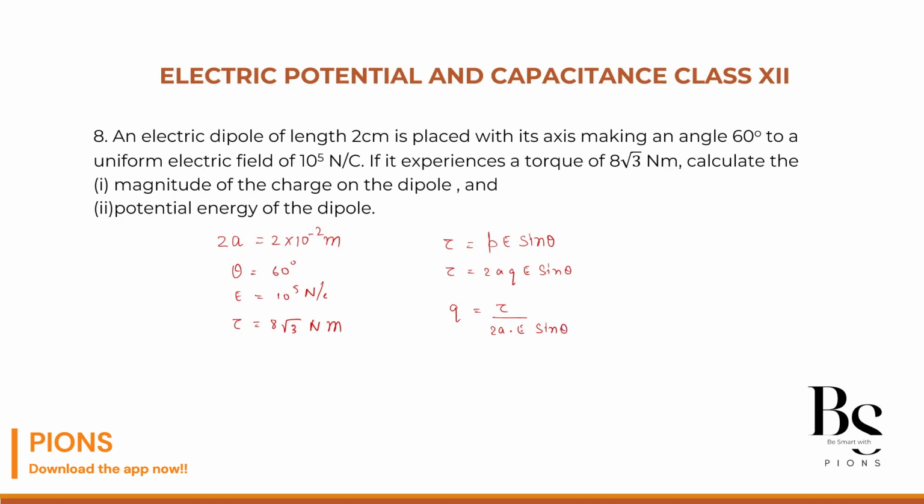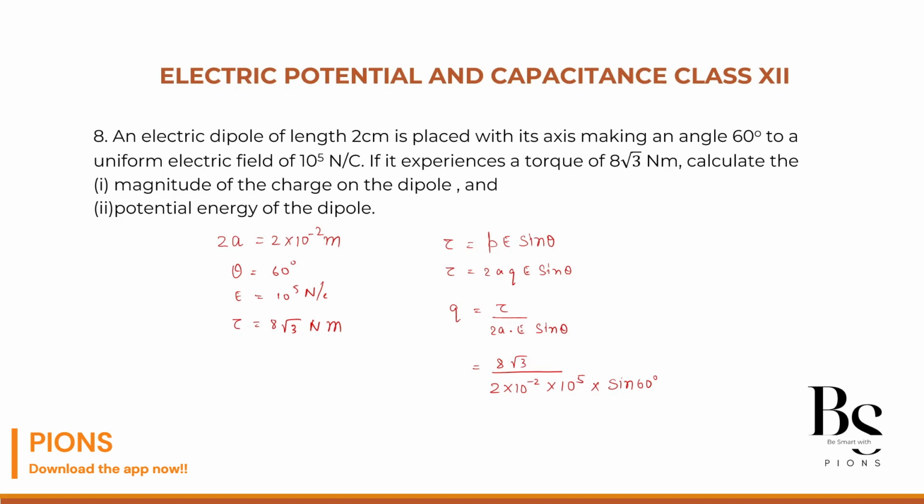Now what is torque? So torque here is 8 root 3. 2a is 2 into 10 to the power minus 2. Electric field 10 to the power 5 sine 60 degree. If you are a bio student, you should remember all the values till at least pi, 180 degree, 30, 45, 60, 90, 120 and so on.